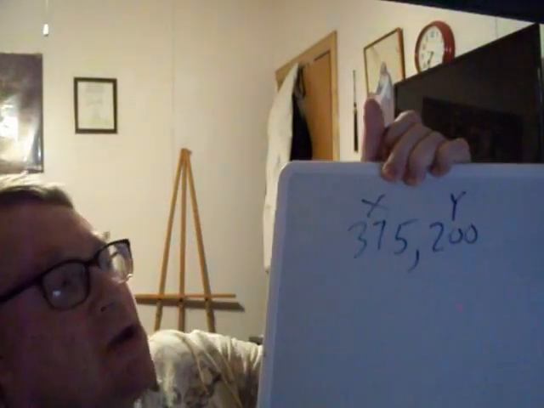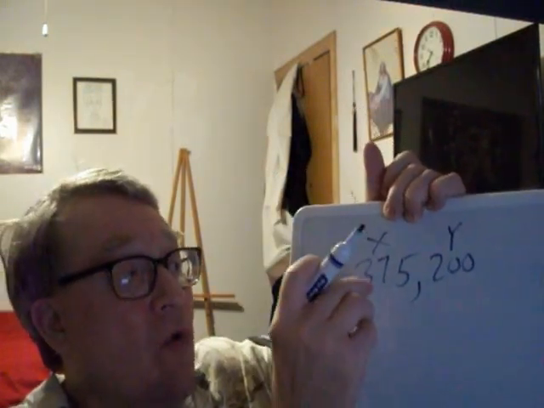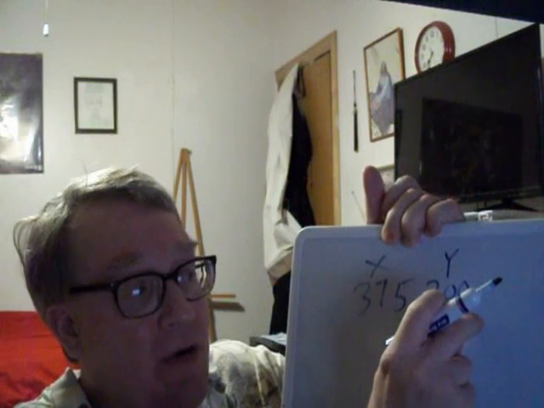Now, as I said, the 375 and the 200 are x and y. They're coordinates. So you've told the cursor with the move to statement, move to coordinate 375, 200.